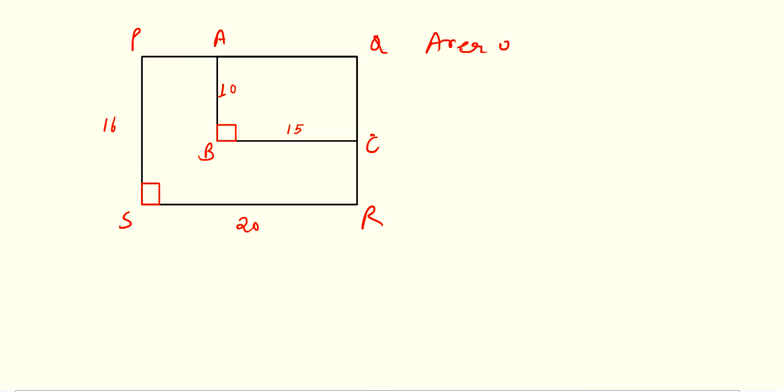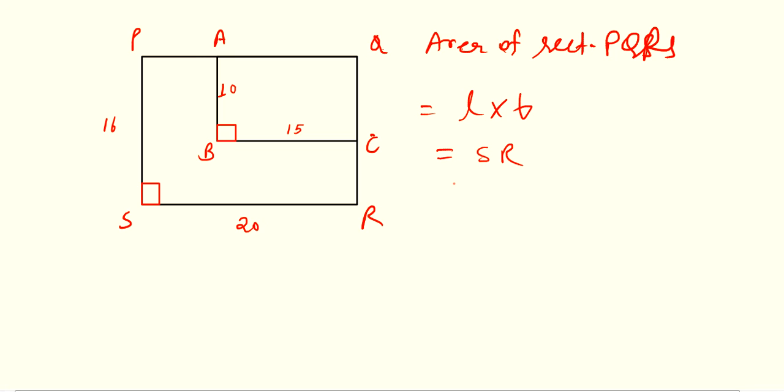So area of rectangle PQRS. Simply for PQRS, length into breadth. Length is SR, this one, and breadth is PS. So SR is 20 and PS is 16. So 320 centimeter square.